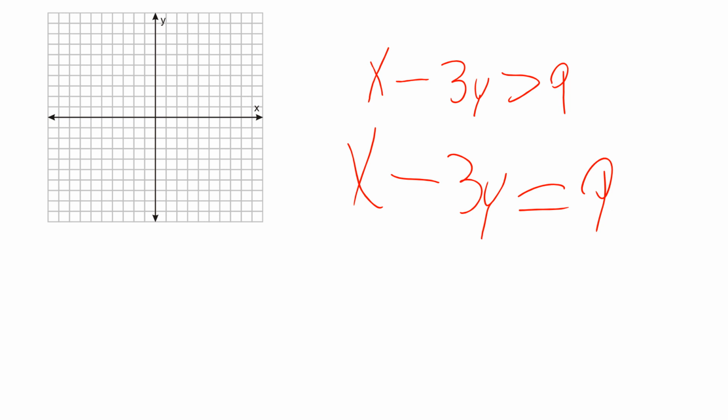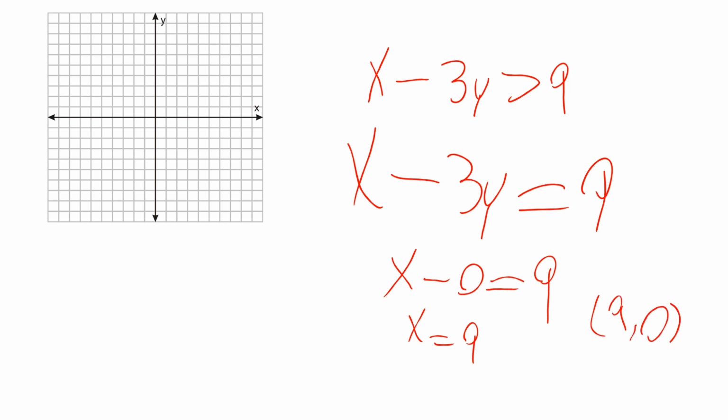First we plug in a 0 for y: x minus 0 equal to 9, and we know x is just 9. So 9, 0. Then we plug in a 0 for x, and we have basically the same graph.